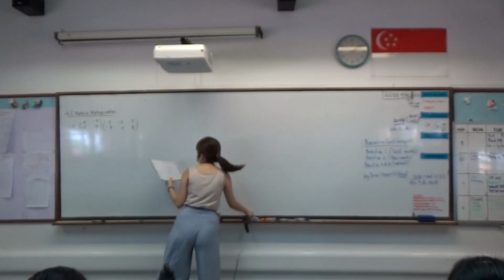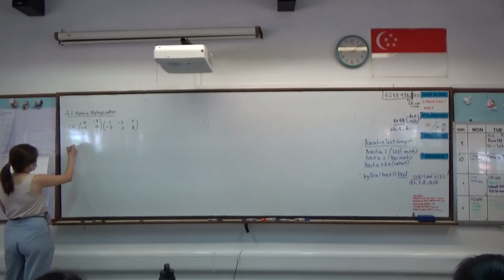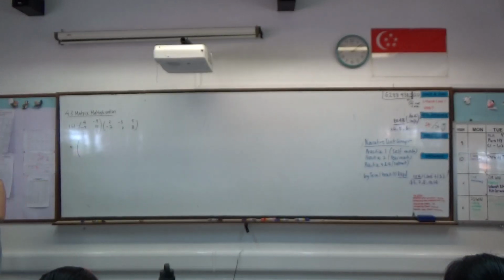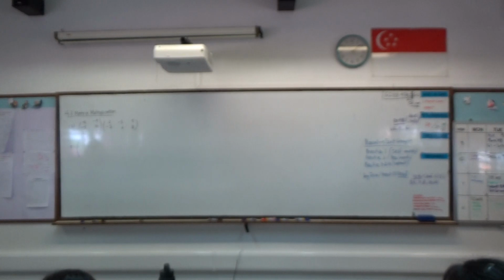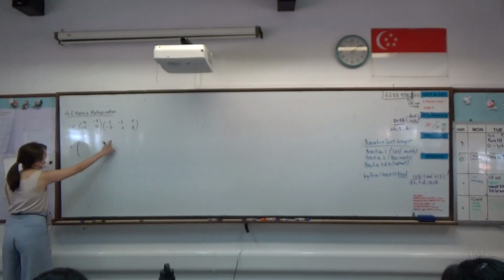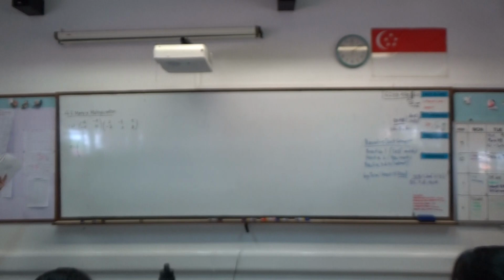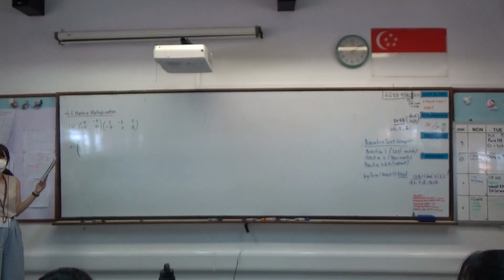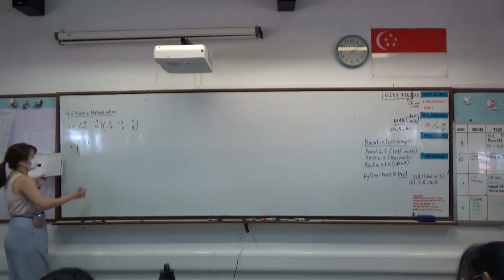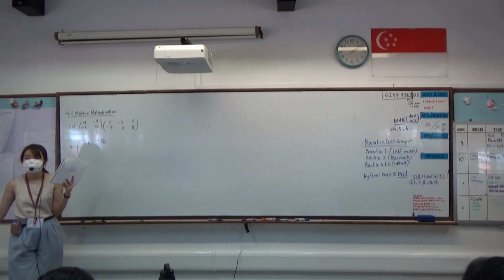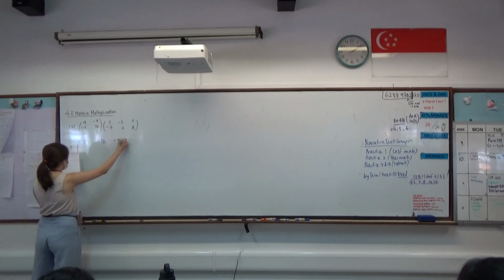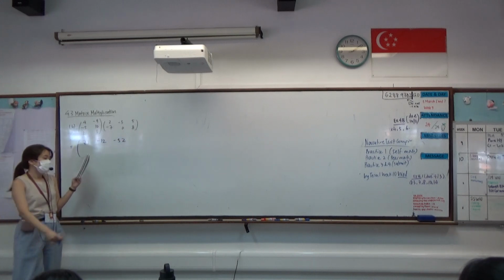Could I just get an answer from one person? Let's see. Jiyang, can you tell me what is your answer? Left to right, first row. 71, then negative 12, negative 52.